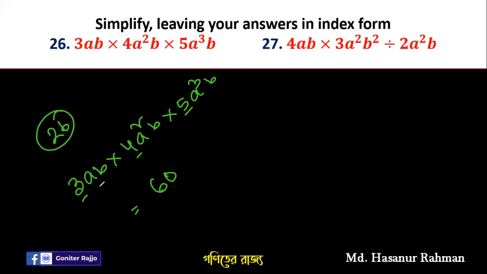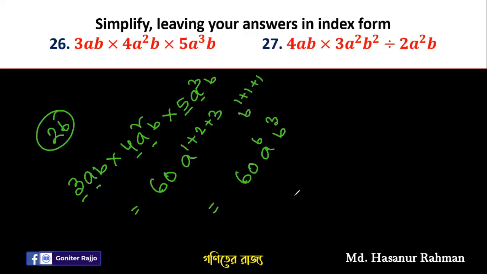Then we have to think about a. Here the index of a is 1, here 2, here 3. So we have to add the indices, 1 plus 2 plus 3. And b to the power, here 1, here 1, here 1, so 1 plus 1 plus 1. So the final answer will be 60 a to the power 6 b cube. That will be the final answer of 26.